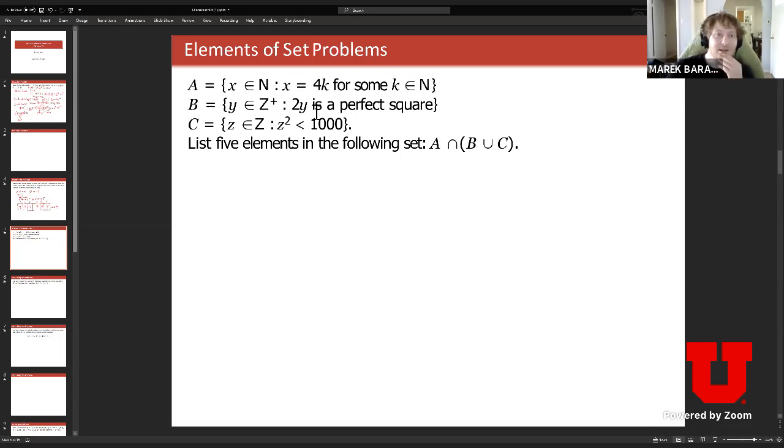So I would recommend first writing down a few elements in A, B, and C. I'll give you maybe 2 or 3 minutes to do that.